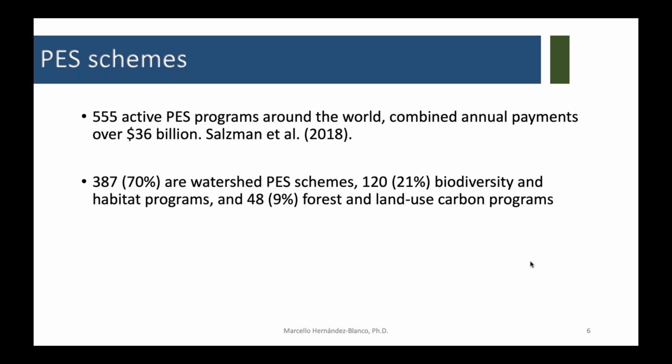There is some 21% focused on biodiversity and habitats, and the rest, about 9%, on forest and land use carbon programs. Of course, there are many payments for ecosystem services that take into account all of these under only one scheme. So you can combine different approaches, ecosystem services and activities under one scheme.